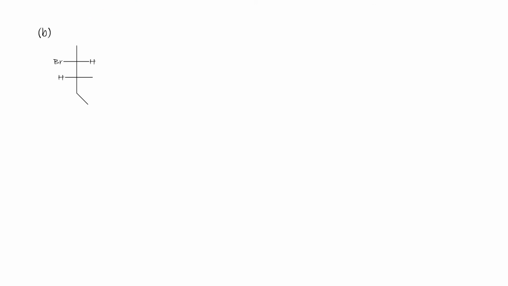For this compound, we have 2 chiral centers. This one, that one. And the alkyl halide will be on this one, where we have the leaving group, Br. When I draw it this way, this means that this is up. This is up, methyl and hydrogen, and methyl and ethyl group are in the back.